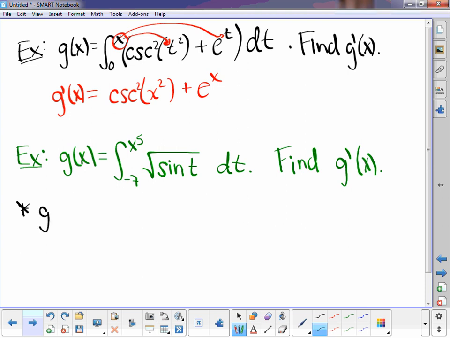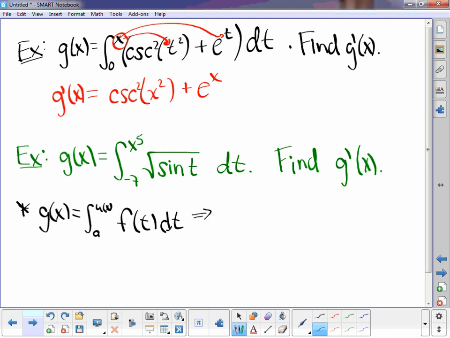If g of x is the integral from a to u of x, so basically this is some function of x, of f of t dt. What does that have for the lower bound? A. So this is still just some constant. The upper bound is u of x.